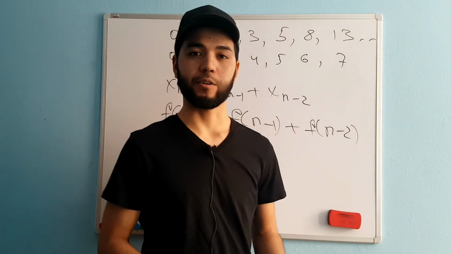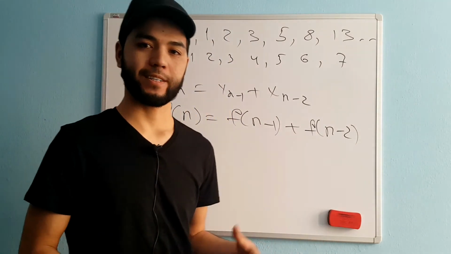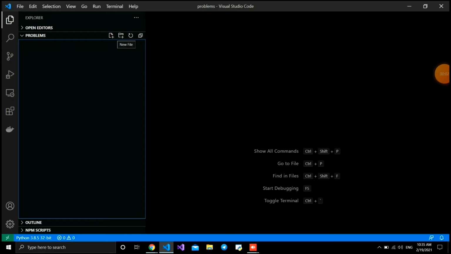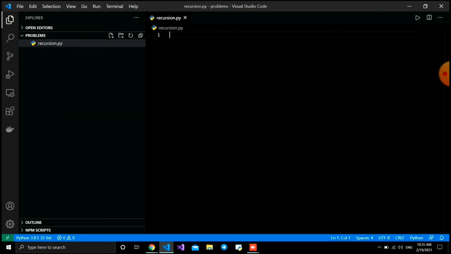Let's jump into Visual Studio Code and write our recursion code there. First of all, I'm going to create a file which is recursion.py. Before writing our code, we must check that our input is an integer and positive. So the first line inside our function is the check condition.